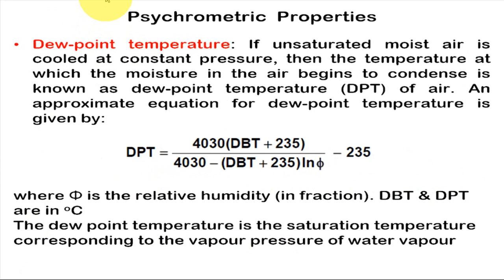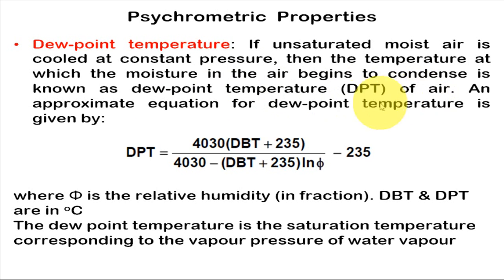Now the next property is dew point temperature. What is the meaning of dew point temperature? If unsaturated moist air is cooled at constant pressure, then the temperature at which the moisture in the air begins to condense is known as the dew point temperature of air.